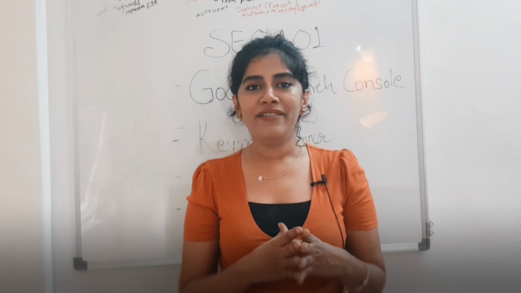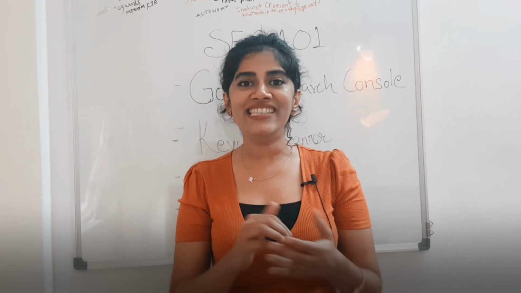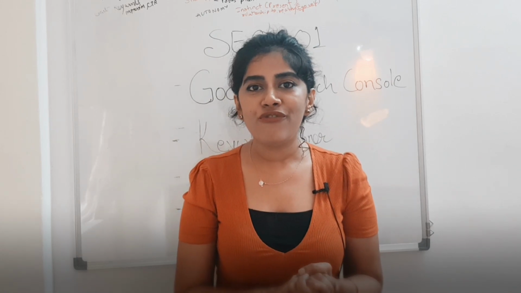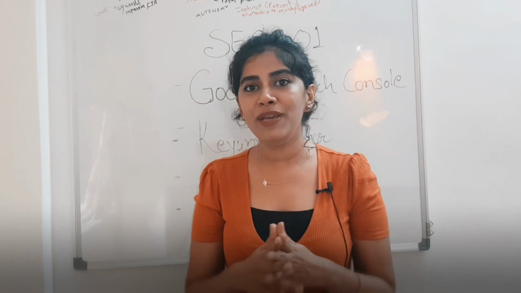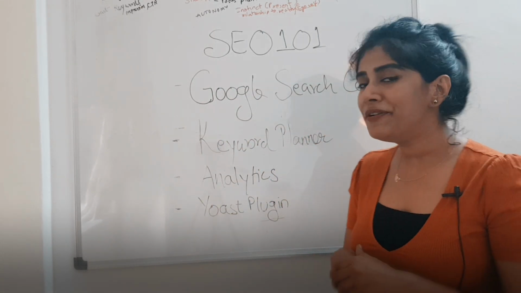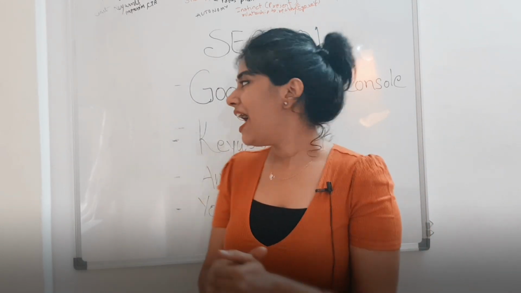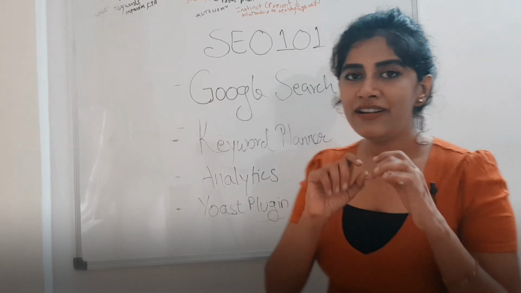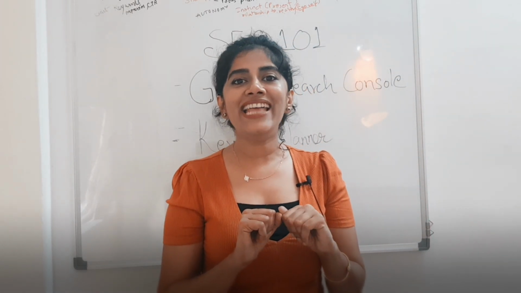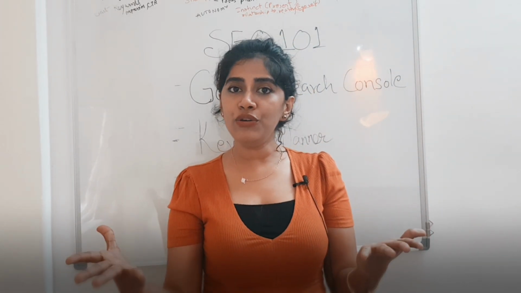Google Keyword Planner is a tool. You have to again set it up. When you log on to your Google AdWords account, you would be able to use Keyword Planner, and you can just go to Keyword Planner, type some broad keywords and see what keywords have higher volume.